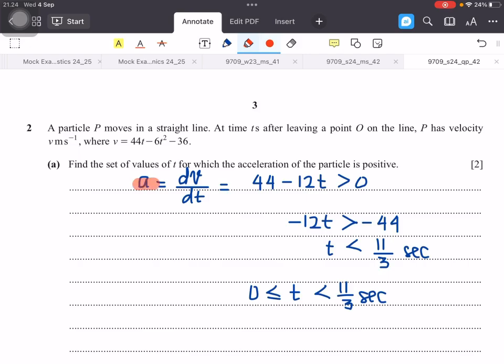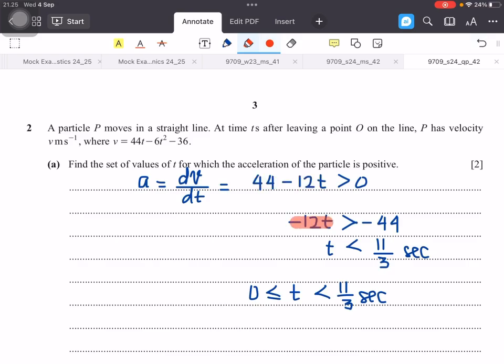So acceleration is the first derivative of velocity. So the differentiation of 44t minus 6t squared minus 36 is 44 minus 12t. Since the acceleration is positive, then 44 minus 12t is greater than 0.